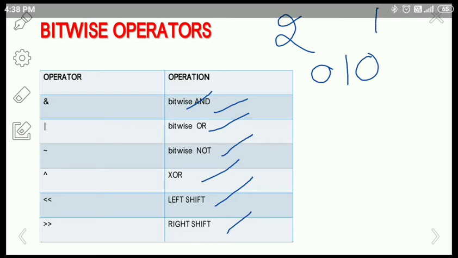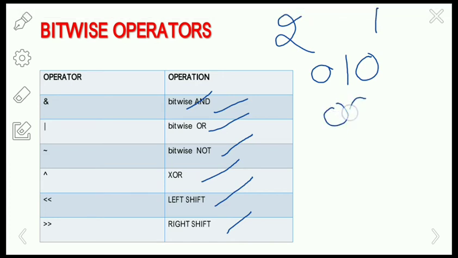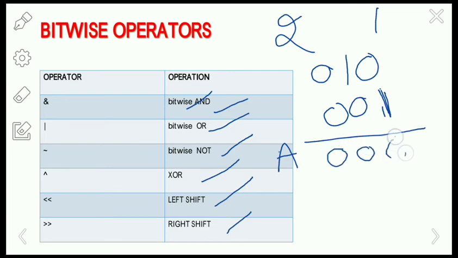The binary value of 1 is 0 0 1. Here we are going to perform the bitwise AND. For the AND operation it will give 1 only if both the bits are 1, but here both the bits are not 1, that's why the answer will be 0 0 0.